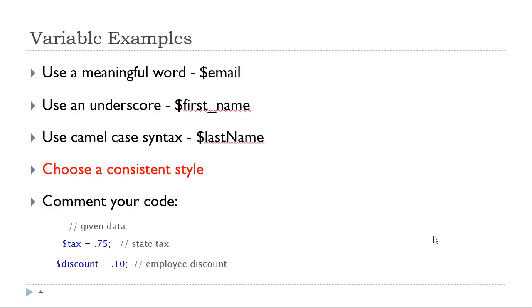So here are some examples of variables. To begin, you want to use a meaningful word. If you want to represent the email address, $email would be meaningful. If you want to represent a variable using two words, you would either use the underscore or you would use what is called camel case syntax.